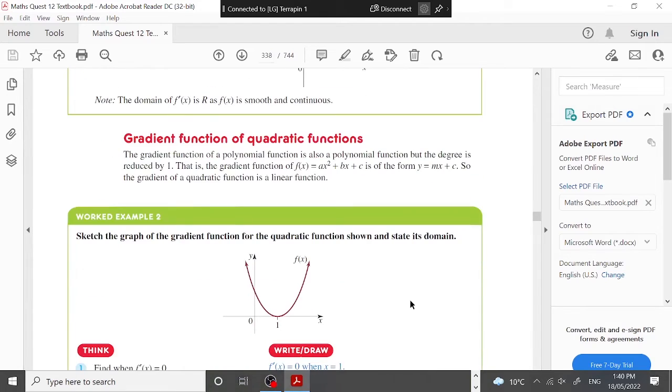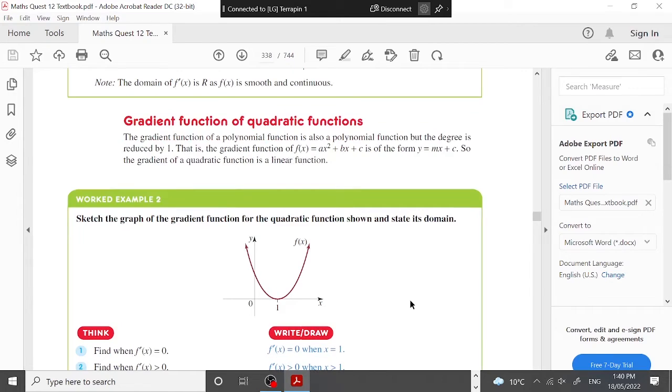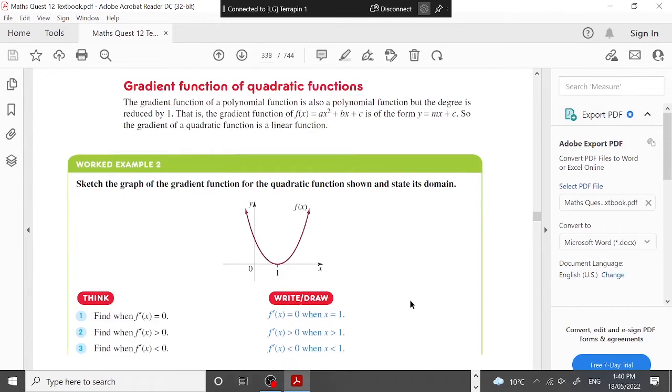If we were to look at a quadratic function, we can't be super specific about what the actual graph would look like, but there are some specifics that we can put down, and that is where we know the gradient is equal to 0.